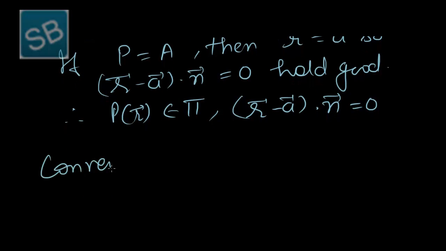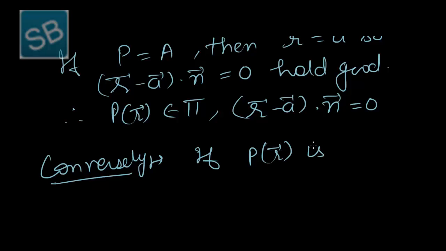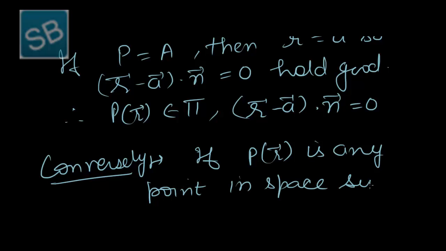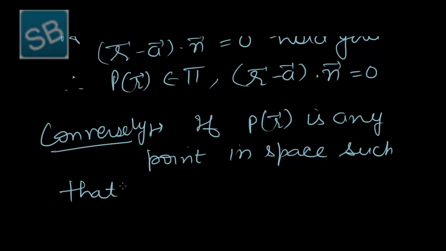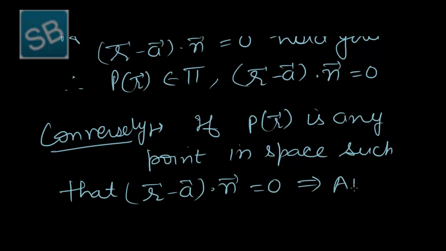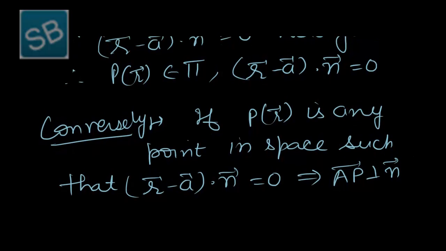Conversely, that is, if P of r is any point in space such that the dot product of r minus a with n is equal to 0 is given, that implies AP is perpendicular to n, because if the dot product of two vectors is 0, then the vectors are perpendicular.